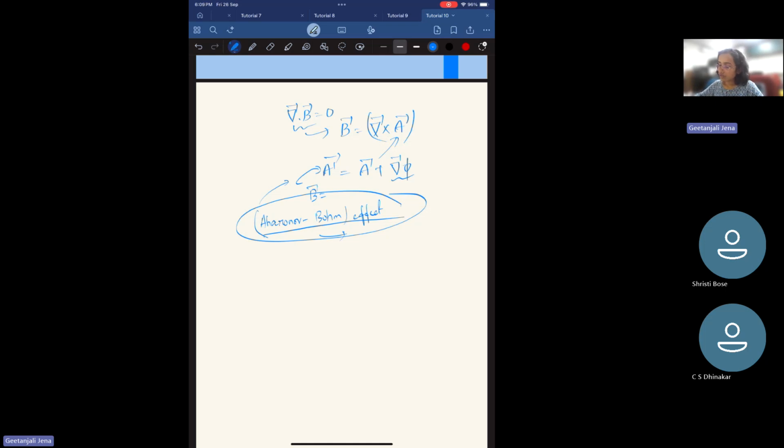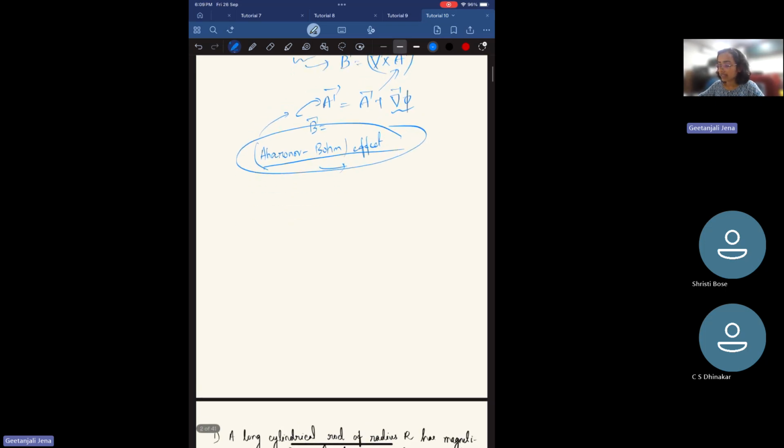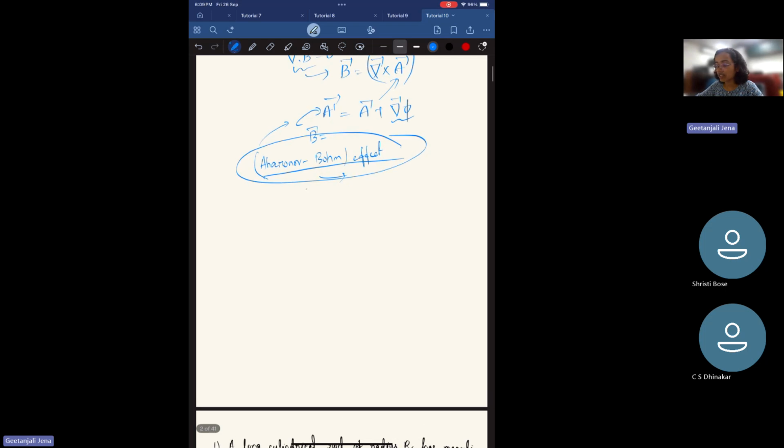Besides that, in magnetostatics, you can write curl of B is mu naught J. That means the source of the magnetic field in magnetostatics is a current density or a current carrying wire.